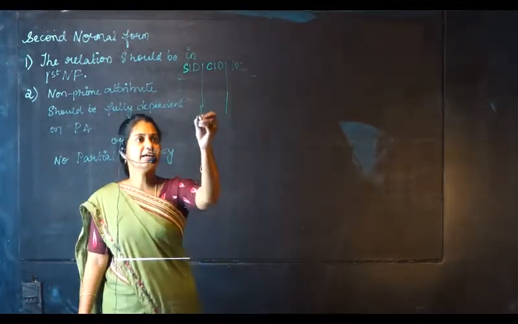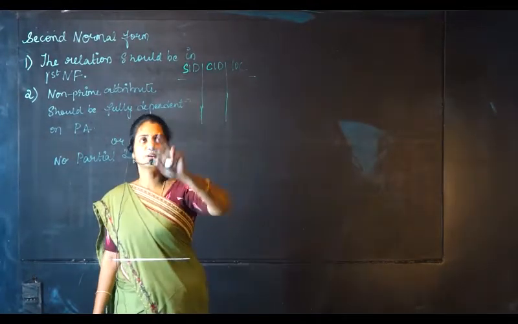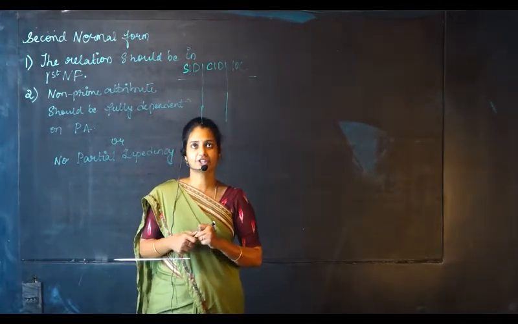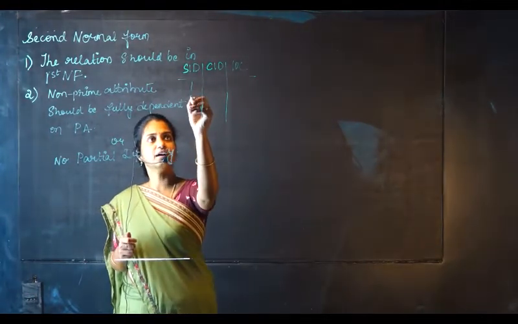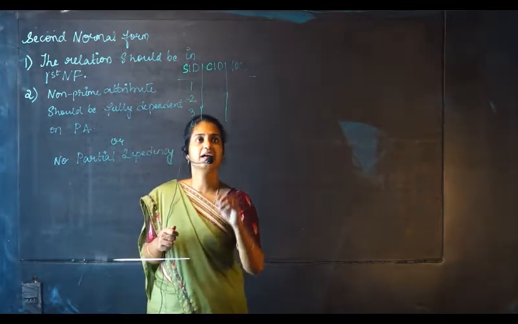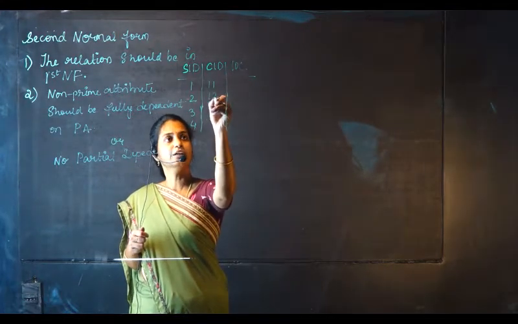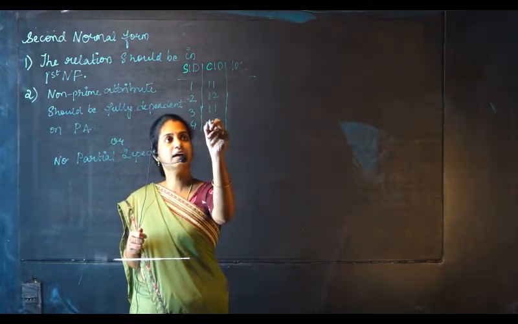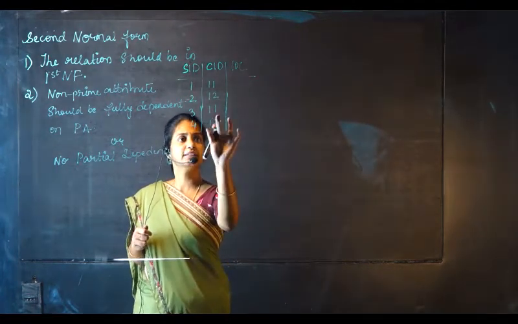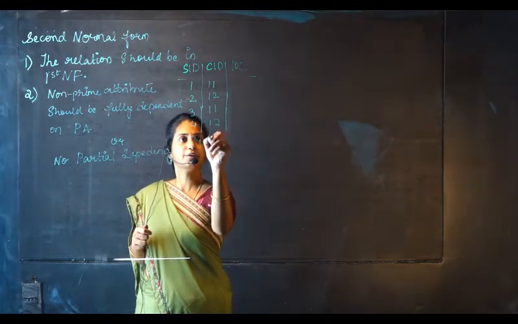I'll take an example. In this table I have student ID, course ID and location. I will take 1, 2, 3, 4 as student IDs, and course IDs like 1, 1, 1, 2, 1, 1 and 1, 3.